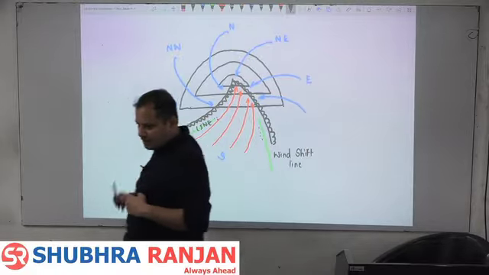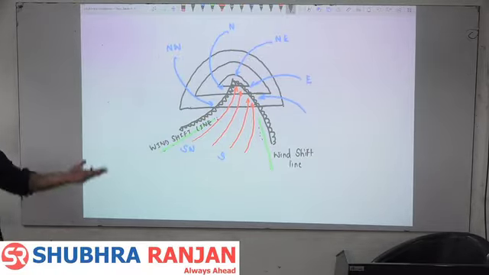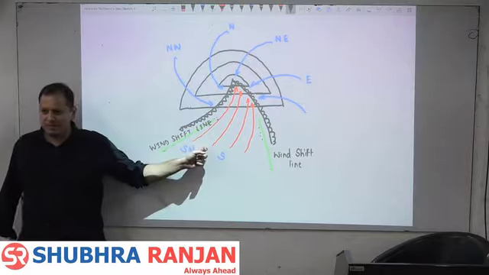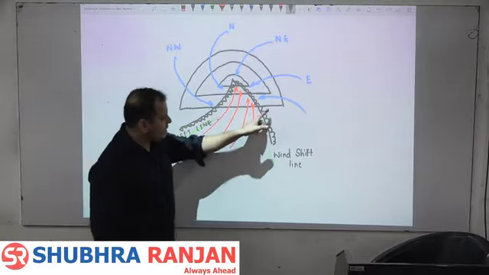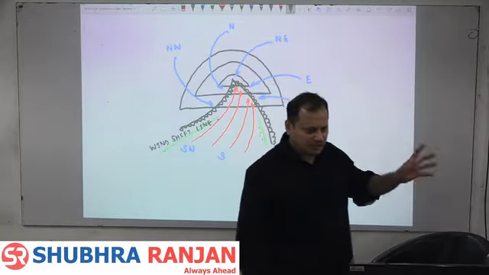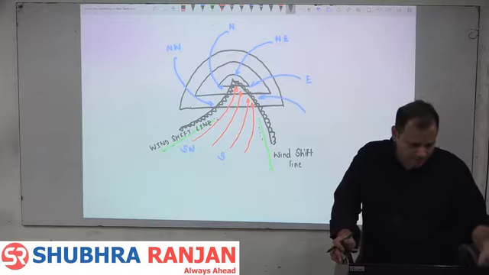Wind shift line. Understood? Wind is coming from this direction, suddenly it becomes warm. It is a warm wind, suddenly it becomes a cold wind. Therefore, this is what is known as wind shift line.